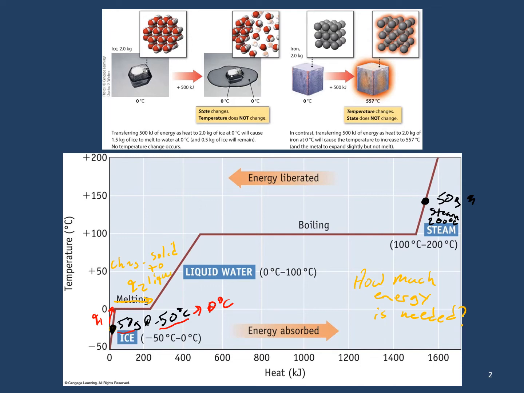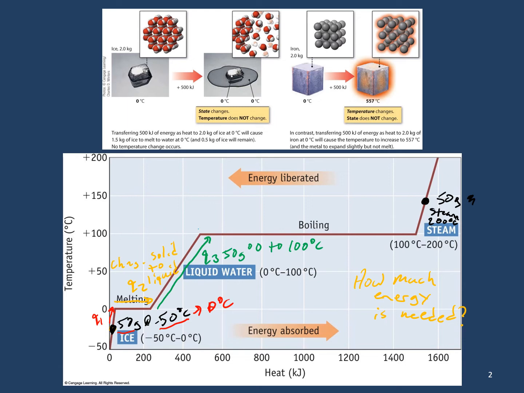And how much energy does that require? That is going to be our heat of fusion. Next, we're going to raise the temperature of our 50 grams of 0 degree water to 100 degrees Celsius, because that's the boiling point of water. And that's just a Q is equal to mc delta T calculation.